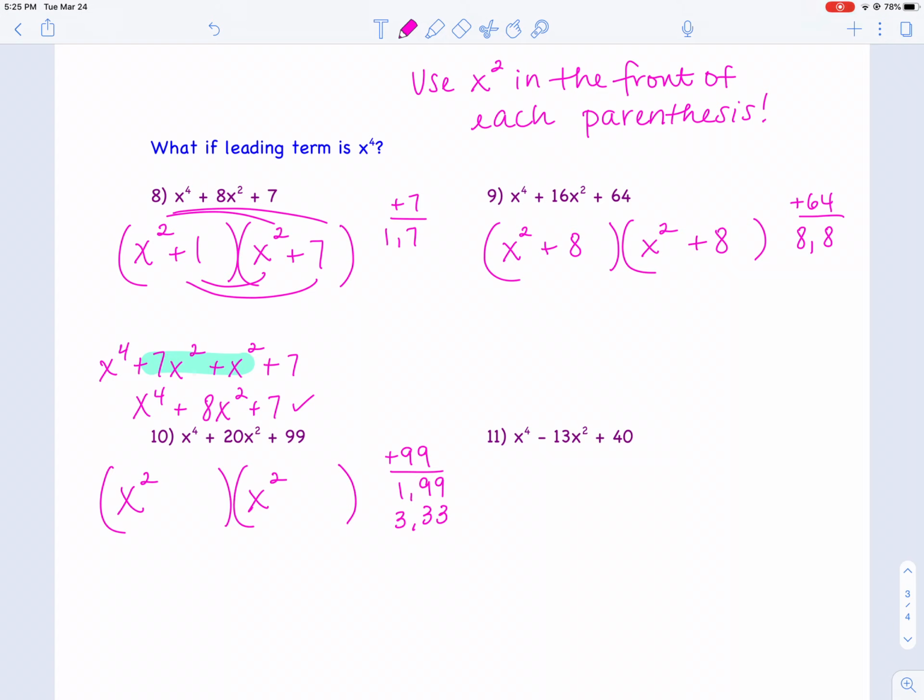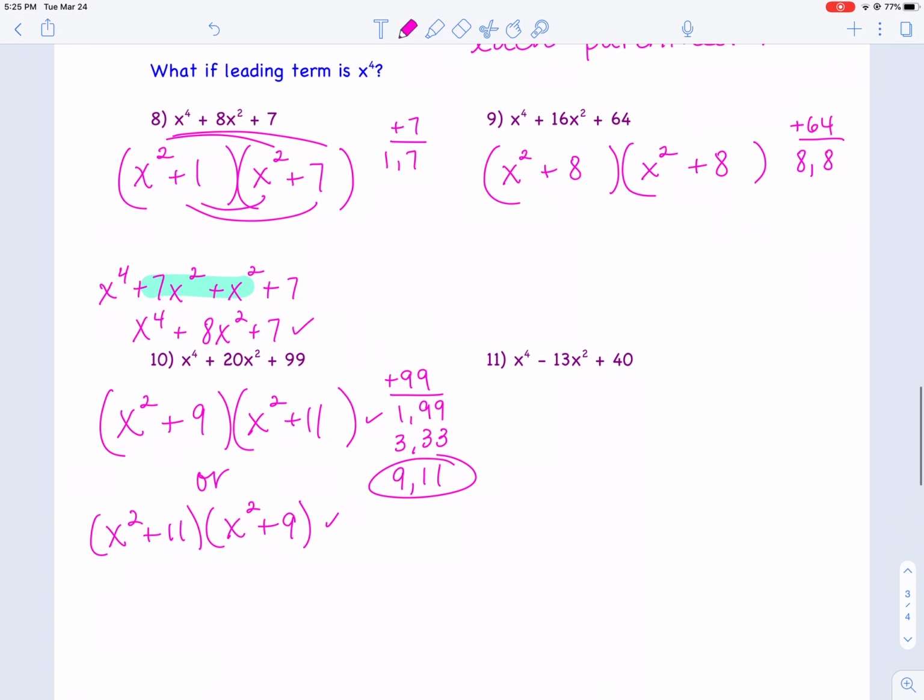No. How about 9 and 11? Yup, there it is. Plus a 9, plus an 11. Is someone correct if they write x squared plus 11 and x squared plus 9? Yeah, either one is the same thing. That is correct.